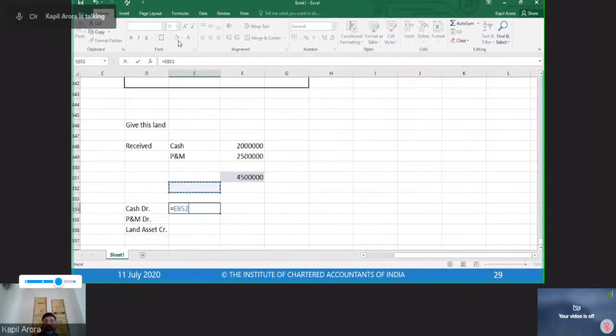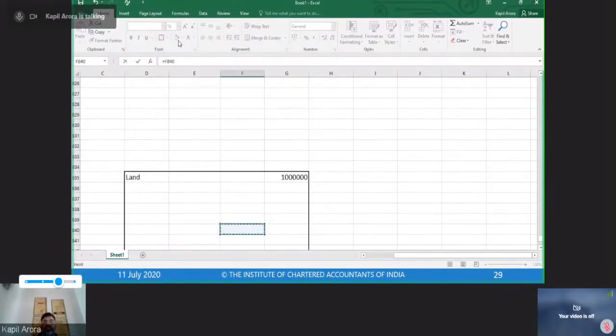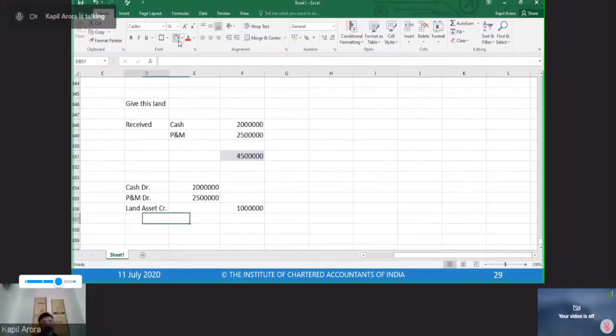So I will get 20 lakhs here, 25 lakhs here, whereas land and building, the difference between that will be taken to the profit and loss account as gain on disposal, which is 35 lakhs. I hope everybody is clear with the concept here. Anybody who has any doubt, please ask.